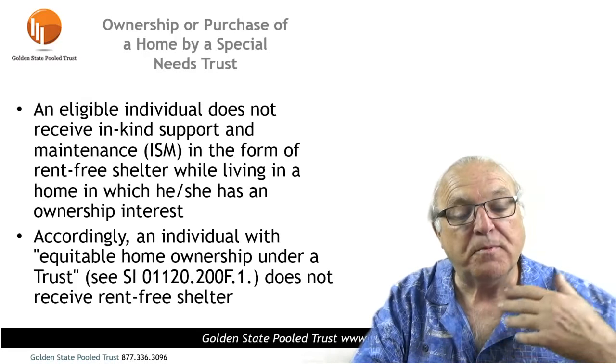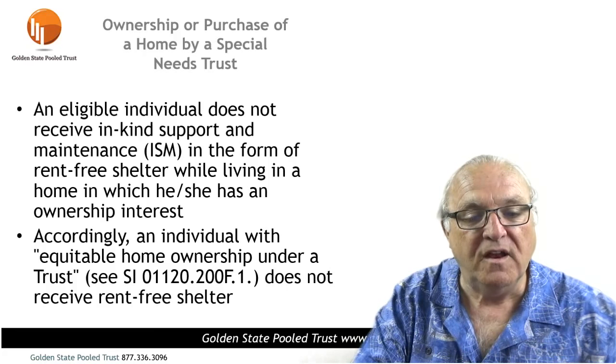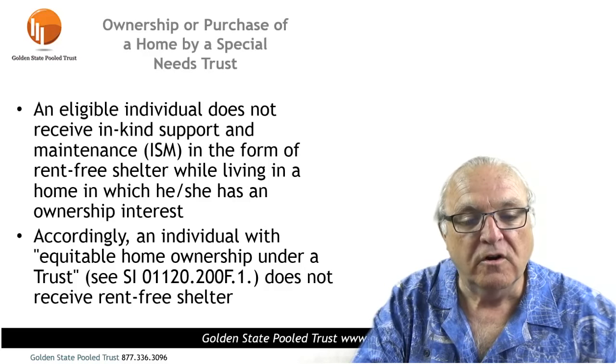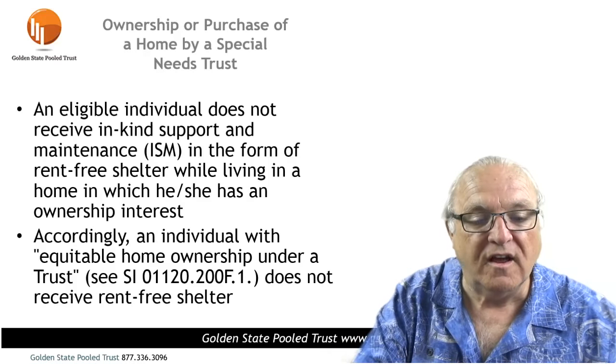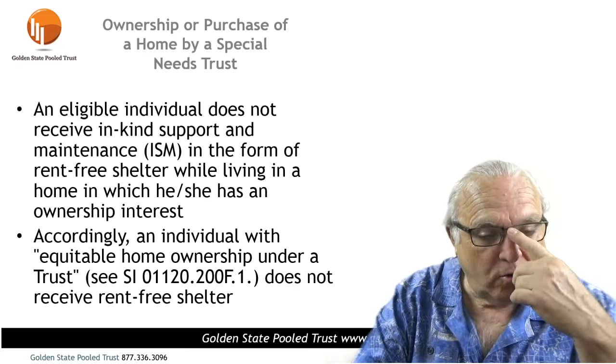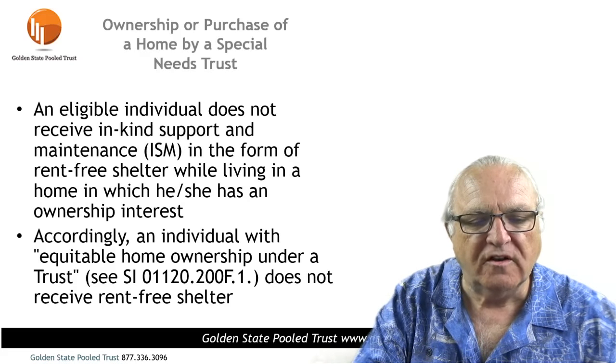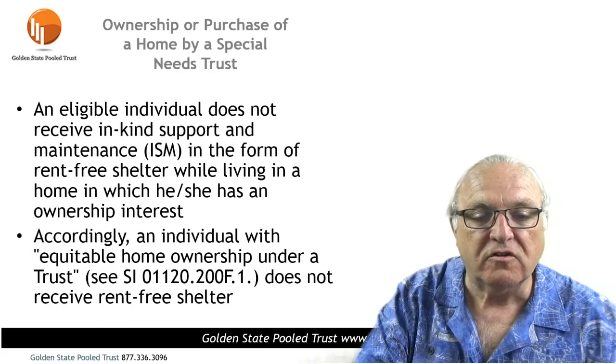So the eligible individual here does not receive in-kind support and maintenance in the form of rent-free shelter while living in a home where he or she has an ownership interest. So far, so good. Accordingly, an individual with equitable home ownership under the trust does not receive rent-free shelter.